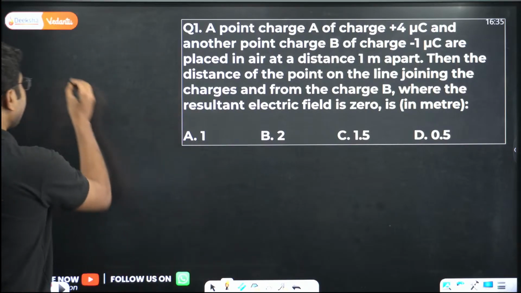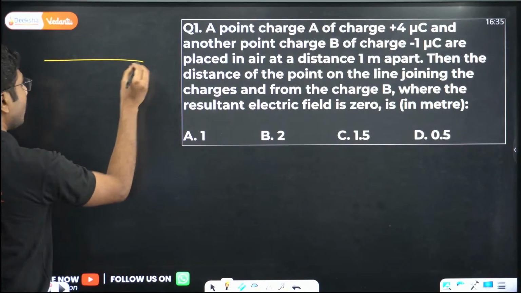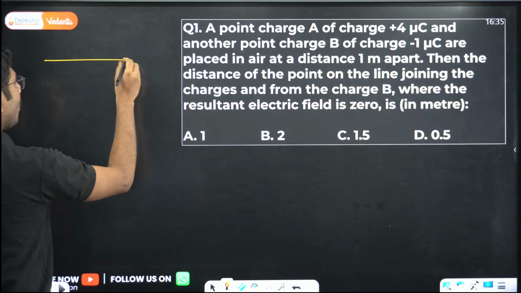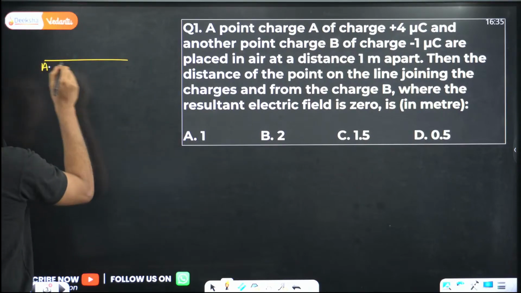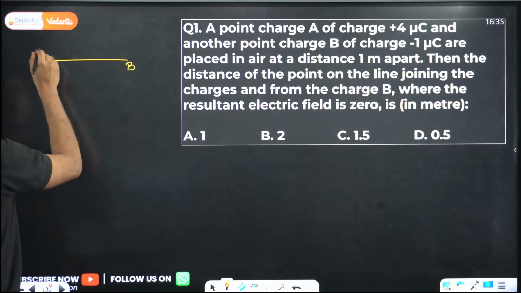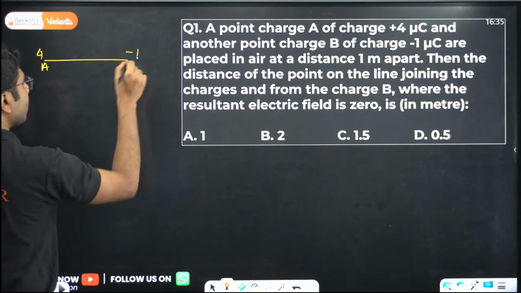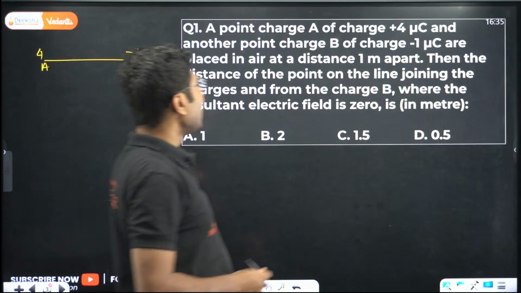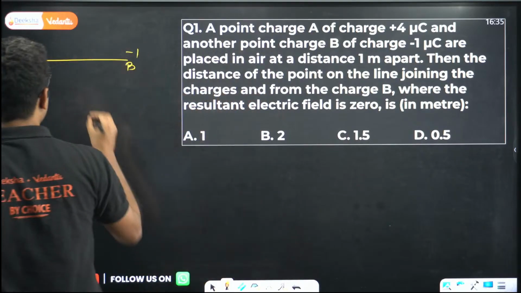So 2 point charges are here, one at A, one at B: plus 4 microcoulomb and minus 1 microcoulomb. The distance between them is 1 meter.